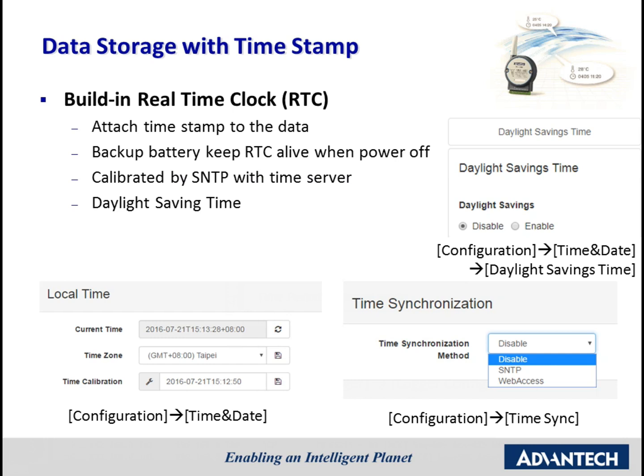To adjust the time, user can adjust it manually or set an SNTP server to calibrate the internal RTC. RTC will keep working when the module is powered off because there is a backup battery inside the module. In addition, there is a daylight saving time setting for different user zones.